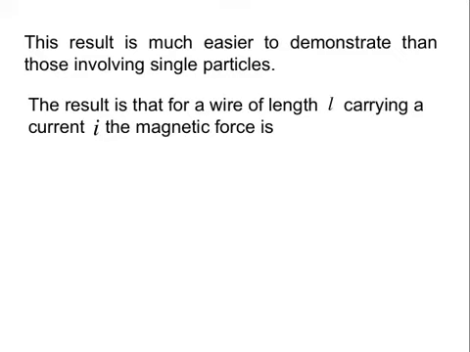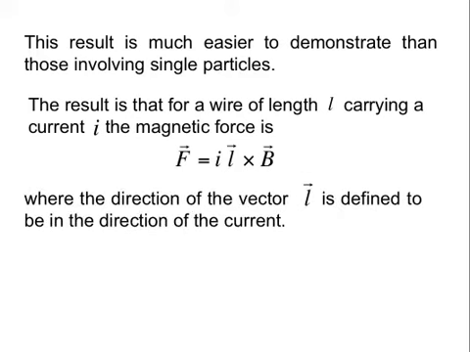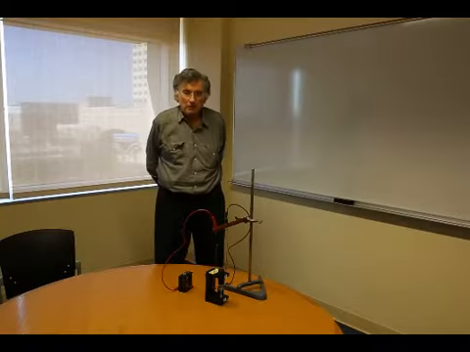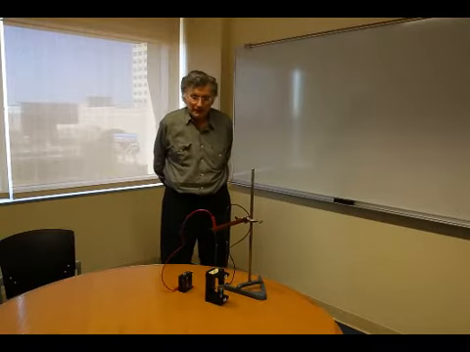The result is that for a wire of length L carrying a current I, the magnetic force is F equals I L cross B, where the direction of the vector L is defined to be in the direction of the current. Just want to demonstrate a magnetic effect.